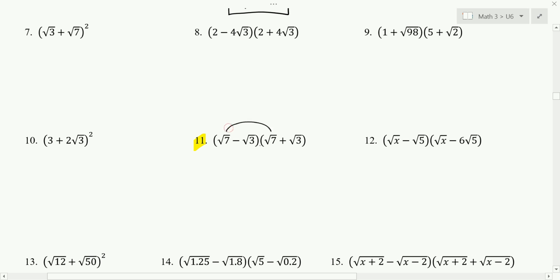So root 7 times root 7 gives us square root of 49. Root 7 times root 3, square root of 21. Negative root 3 times root 7 is negative root 21. And negative root 3 times positive root 3 is negative root 9.